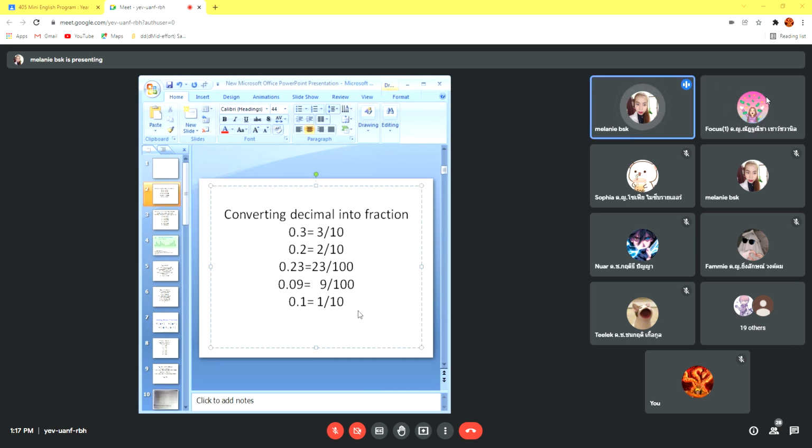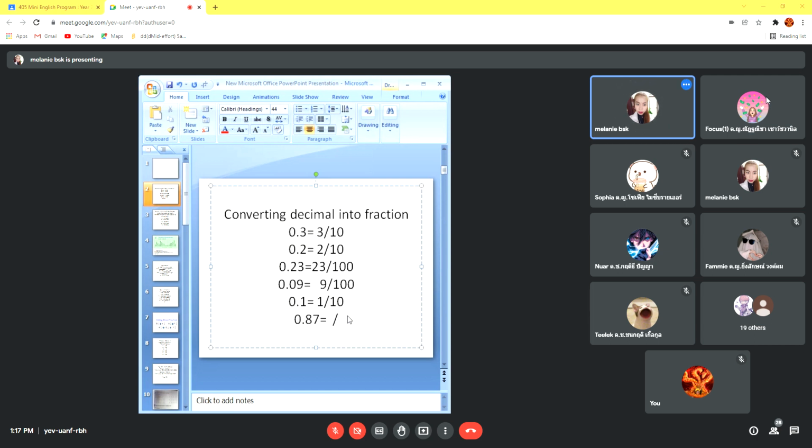One more. Again, this one is just easy. We have 0.87. So 7 is in the hundredths place. We have a numerator and a denominator in a fraction, right?